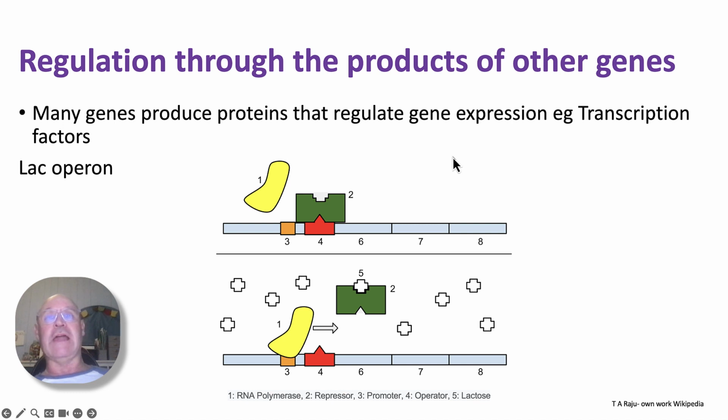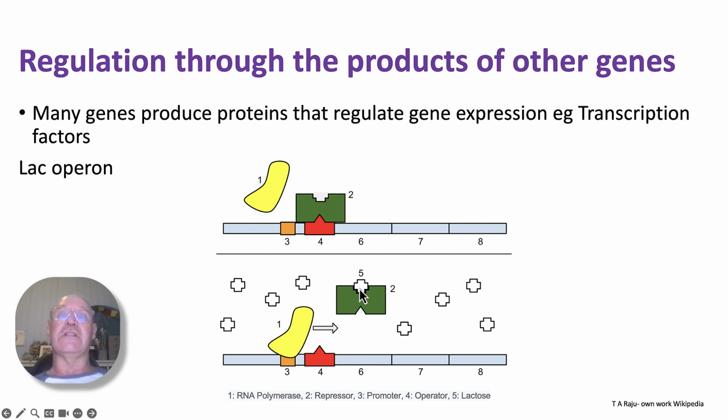So when there's no lactose around, we have this repressor that's bound to the start of the gene, and it prevents RNA polymerase from being able to start the process of transcription.